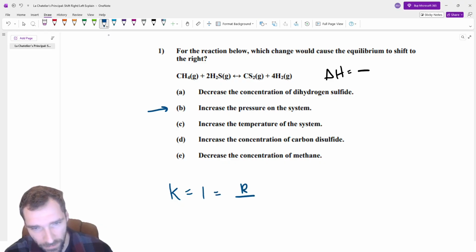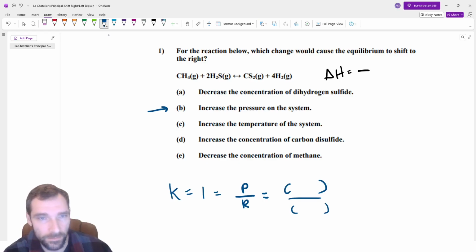But think about that product over the reactant. In this case, I've got 1, 2, 3 things that are reactants, so I'm just going to put that up to the third power, and then 1, 2, 3, 4, 5 things as products, just making this as simple as possible, and say that maybe these are all 1 atmosphere.